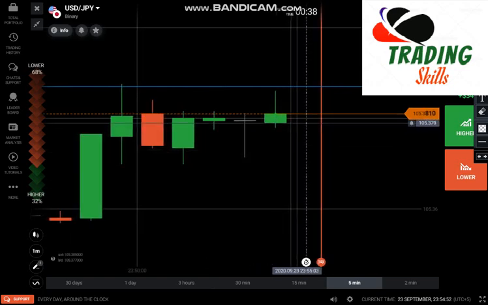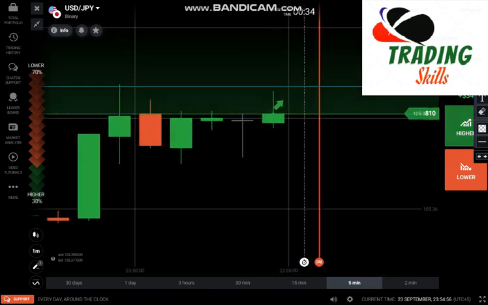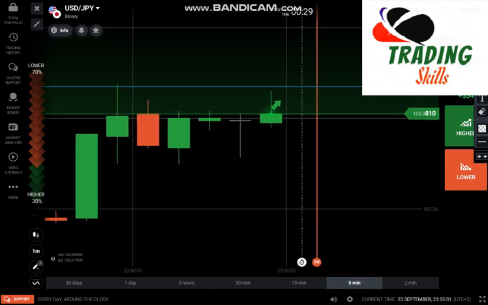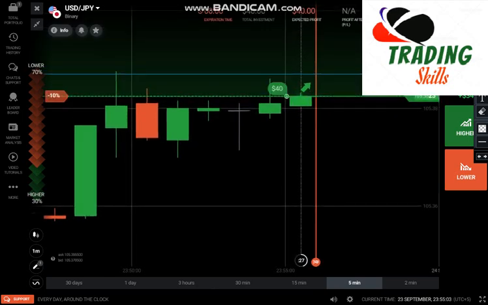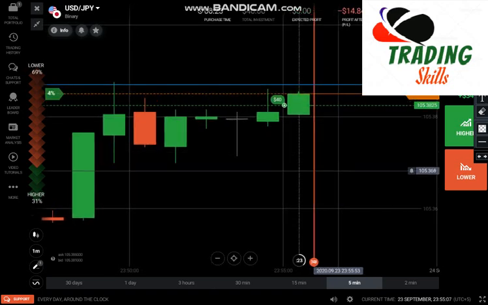Okay, candle is coming down. It is making a new high. So I need a good entry point. Okay, I can go with buyers confidently, but again my entry point is a little bit late.